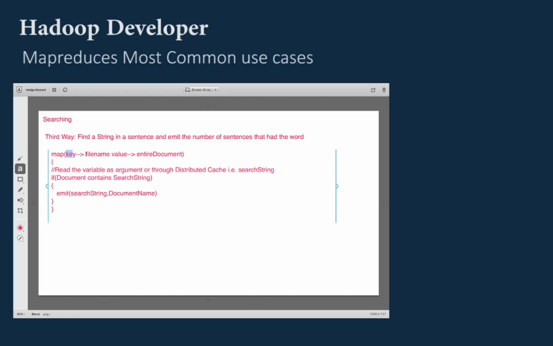So here we'll simply read each and every record or sentence. If the sentence contains the search string, we will emit the search string in the sentence.